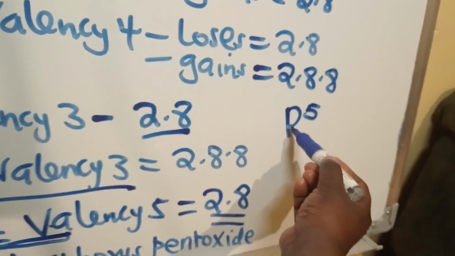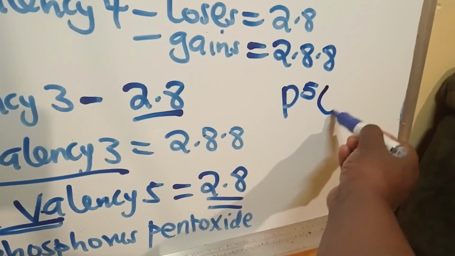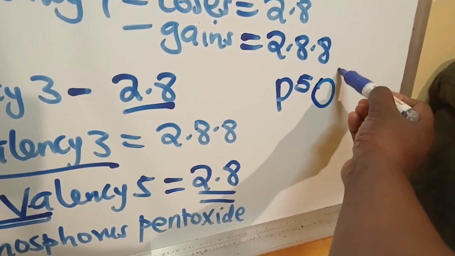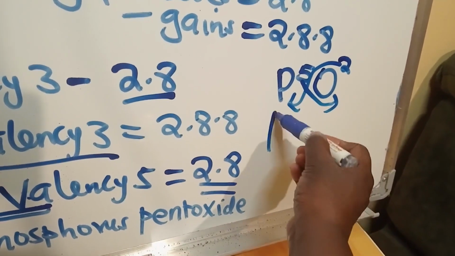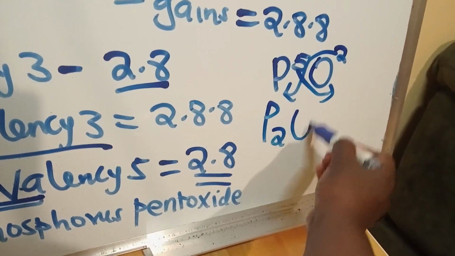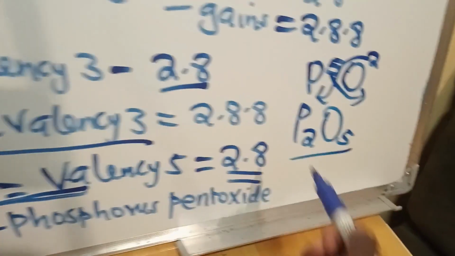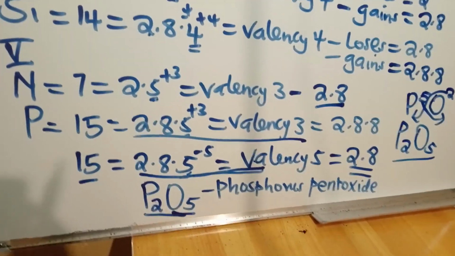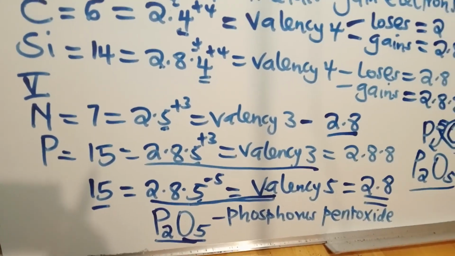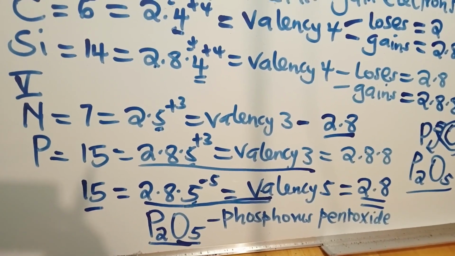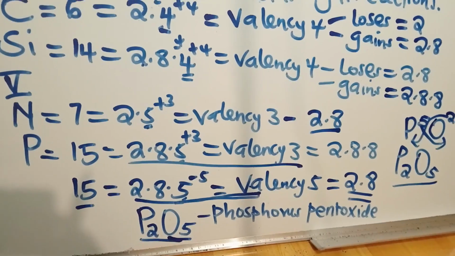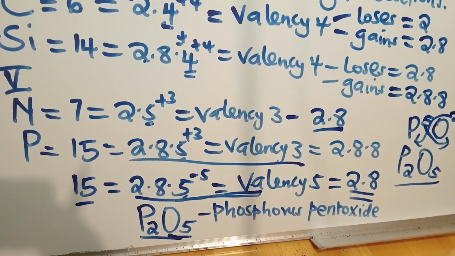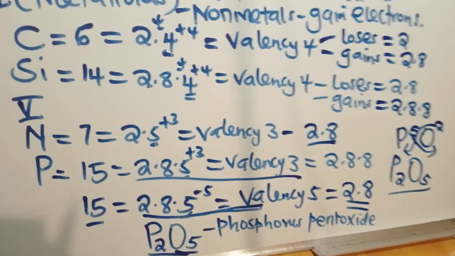Because with the phosphorus having a valency of 5 and oxygen in group 6 with a valency of 2, they are the ones that will exchange, and so we end up with P2O5. So I wanted to show you that even though phosphorus is in group 5 and is supposed to be gaining, it can also be unstable and lose the 5 instead of gaining the 3. So that is all.